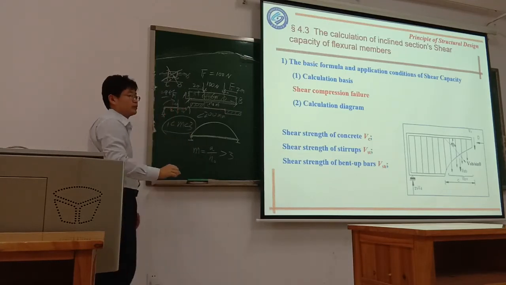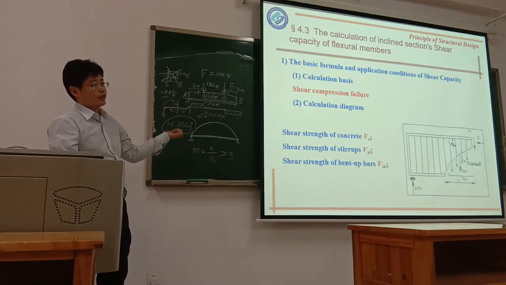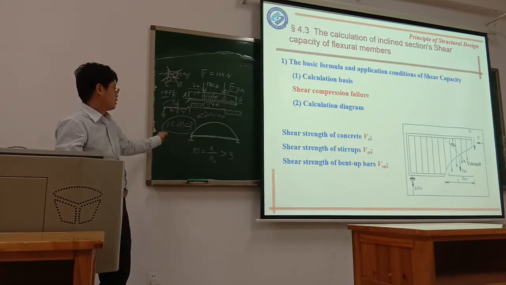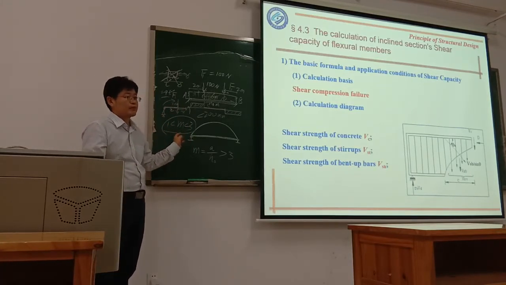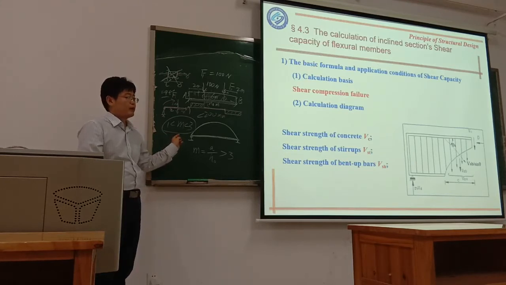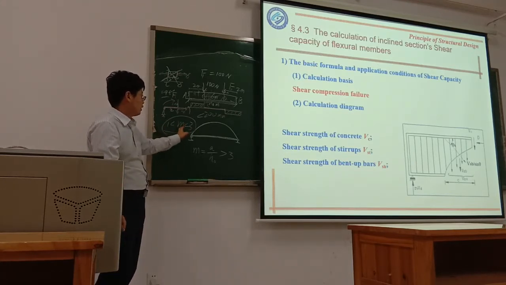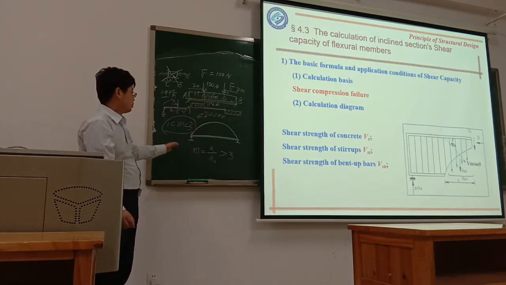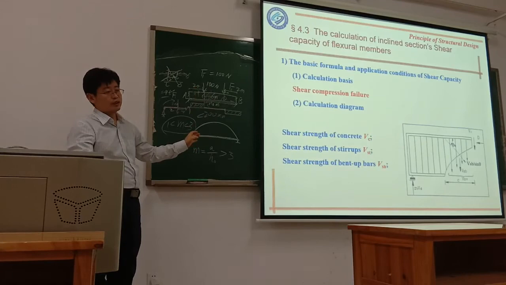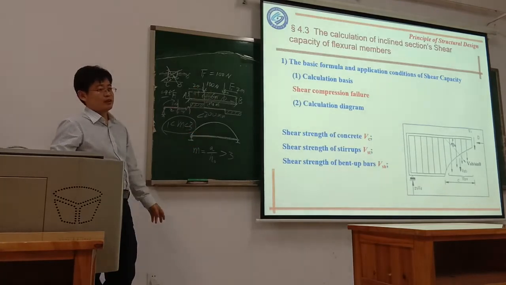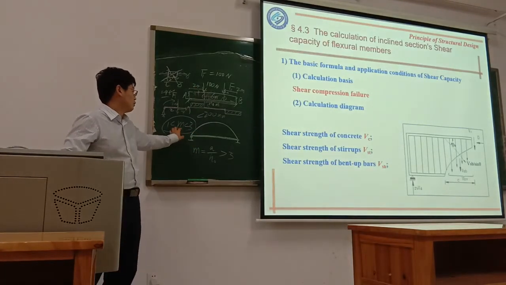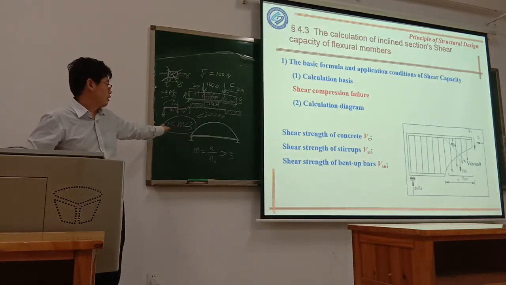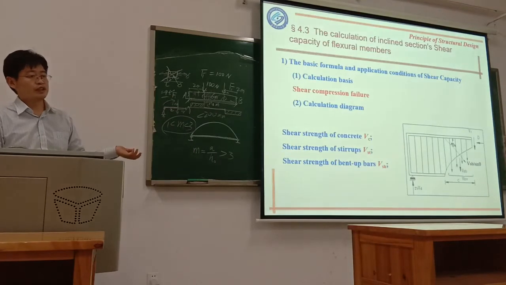For the calculation, we design the stirrup based on this situation. Once M is too small or too large, the function of the stirrup is not fully used. Normally we aim at M smaller than 3 to do the design.